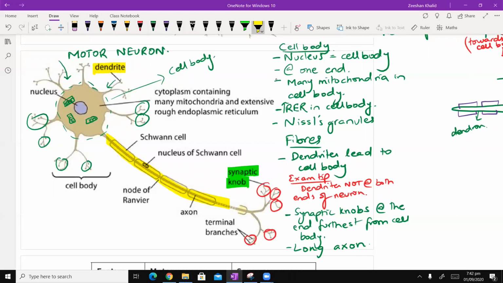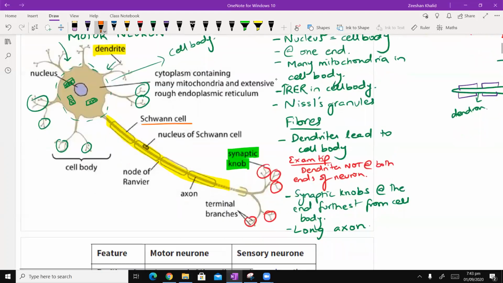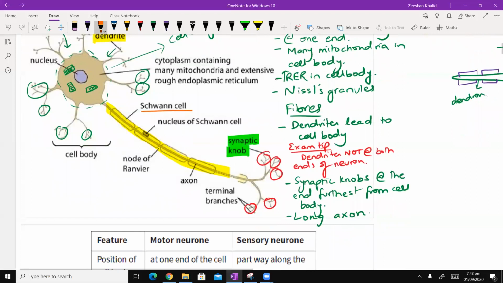But there's something really interesting about the structure of the axon, and that is the presence of something known as a Schwann cell. What is a Schwann cell? Well, we need to go into some structural details to understand this. So I'm going to move to another diagram.